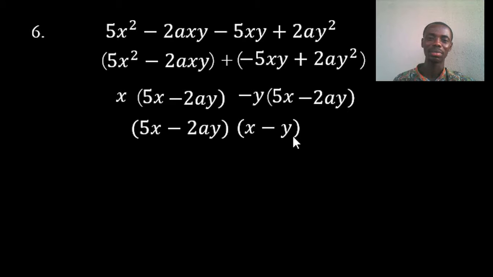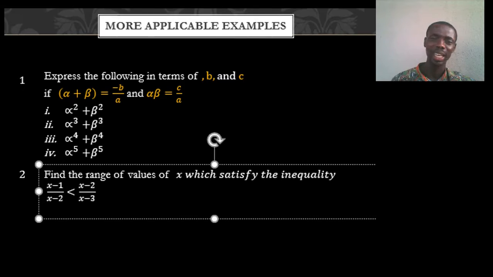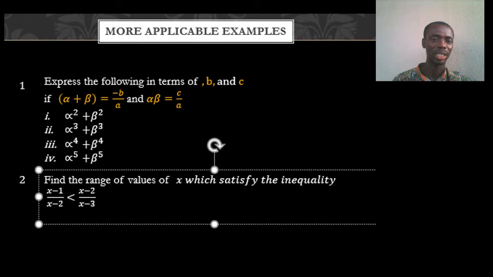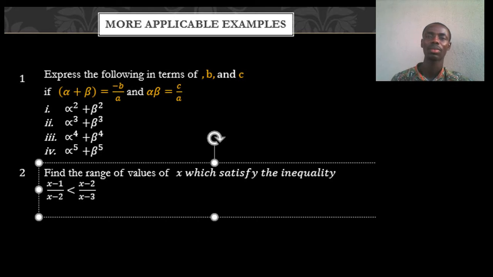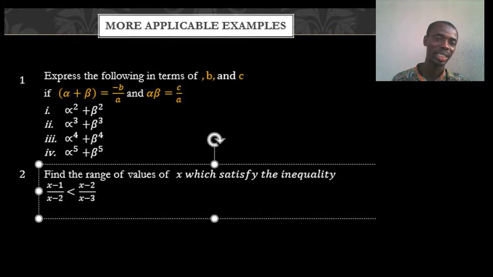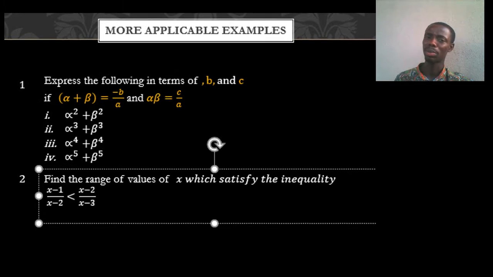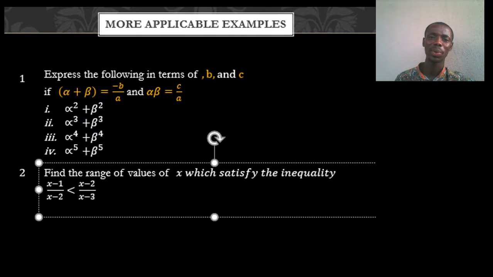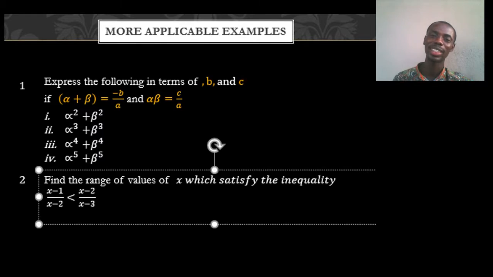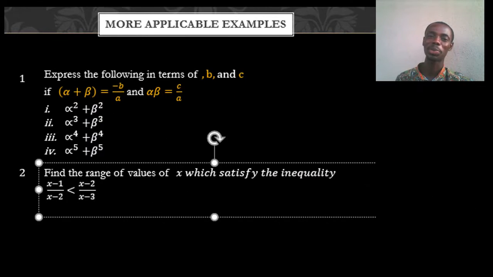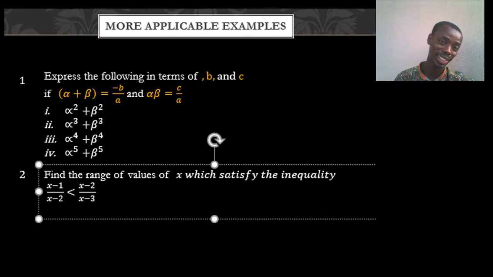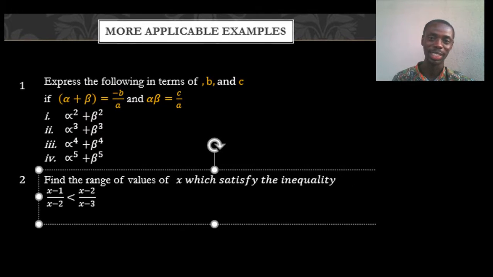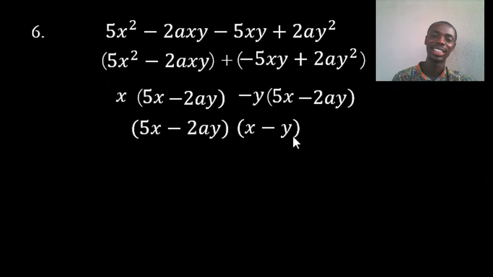Maybe you're a higher institution student, in your degree 1, you offered mathematics for biological sciences, MTH 105 or MTH 101, where you offer things around inequalities and other things like that, where you should find the range of values of s in an inequality, or probably in this quadratic function where you have to express alpha square plus beta square in terms of alpha plus beta, alpha beta, the sum of the roots and the product of the roots.